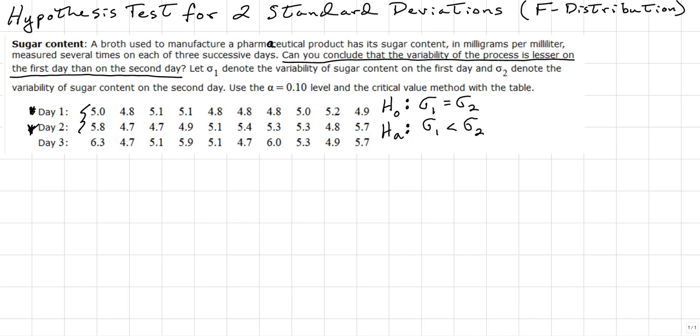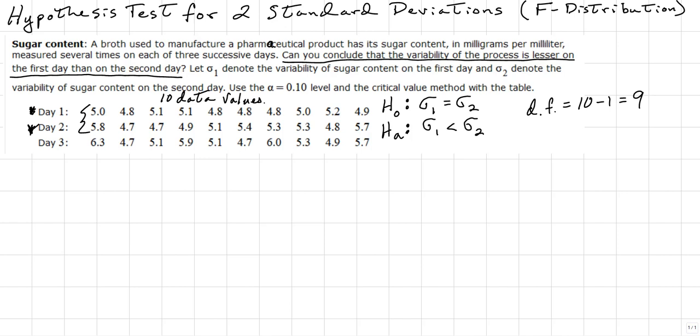But in both of these, there are 10 data values. So it really isn't going to matter, because we're going to use degrees of freedom. And in this case, degrees of freedom is going to be equal to 10 minus 1, which is equal to 9, and that's for both of these.